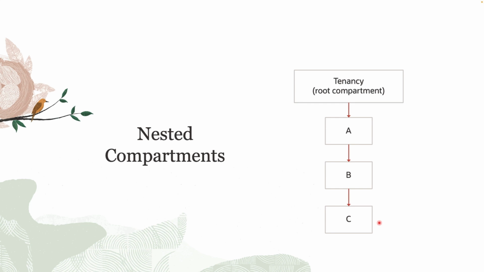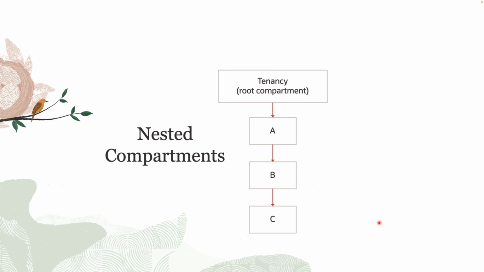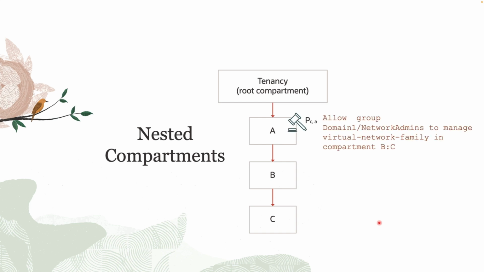So with nested compartments, you can map this logical hierarchy to your project framework. And with nested compartments, you can also define granular access control. When you attach a policy to a particular compartment, you are defining who can access, modify, or delete that particular policy. We will explore this in the policy attachment lesson in more detail.